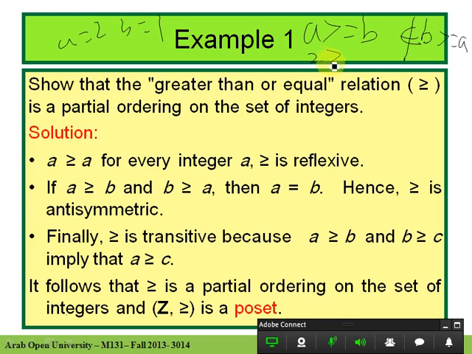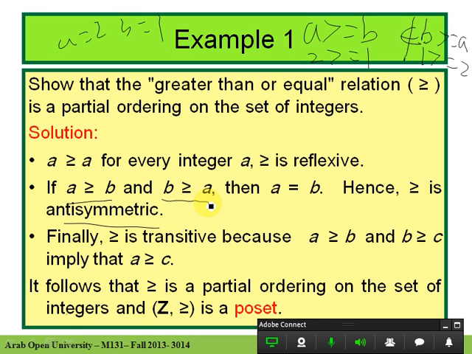This is true, 2 is greater than or equal to 1. Is 1 greater than or equal to 2? This is false, right? It means it is anti-symmetric. Hence it is anti-symmetric. If A is greater than or equal to B, then B is greater than or equal to A is not true.